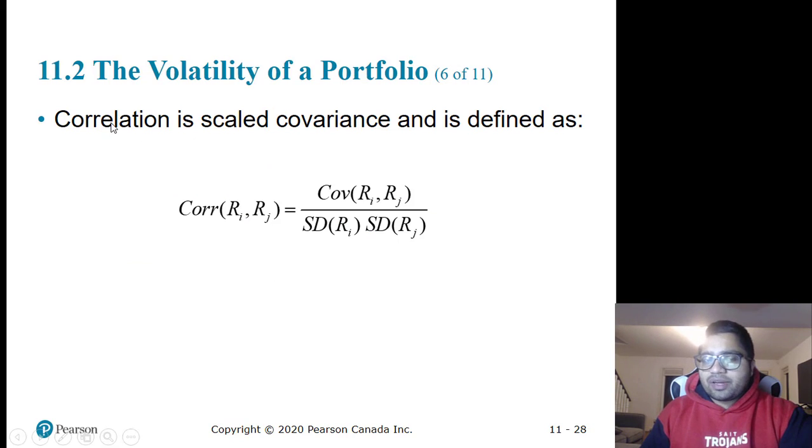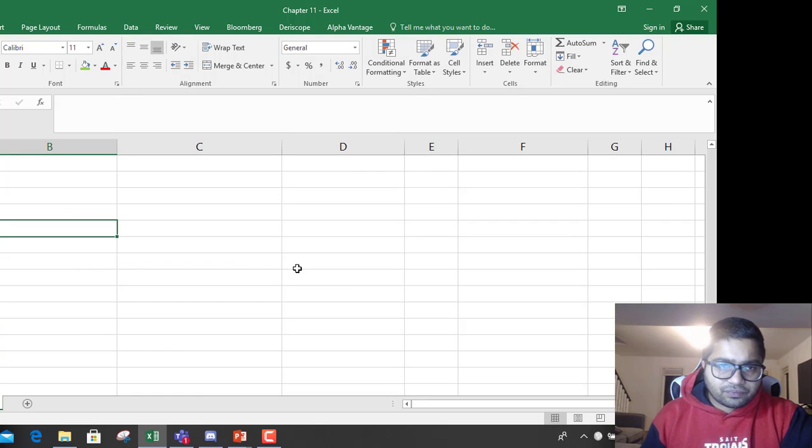How to calculate correlation? Correlation is calculated as the covariance between 2 assets, Ri and Rj, divided by their individual standard deviations, standard deviation of Ri and standard deviation of Rj. Sometimes they give you correlation, and sometimes they give you covariance and standard deviation of individual assets. First you have to find out correlation and then find out risk. So how to do it?